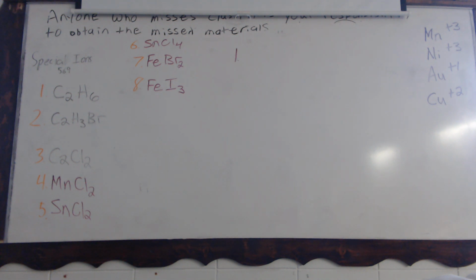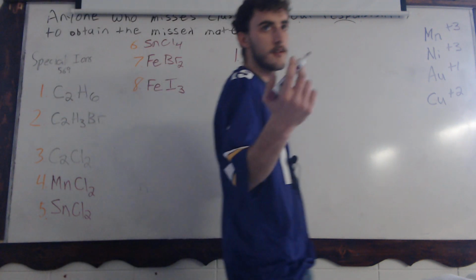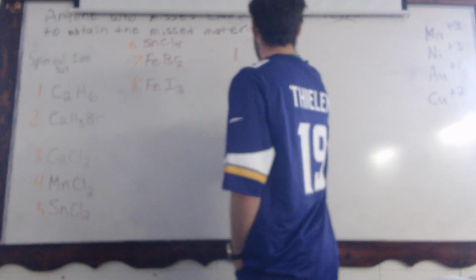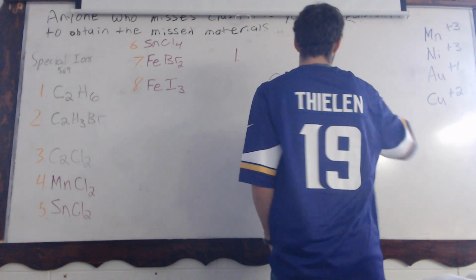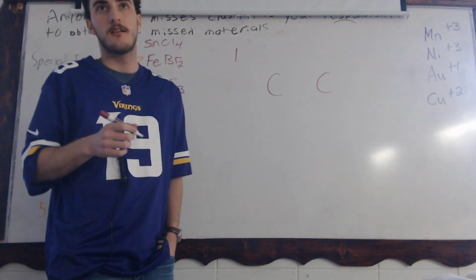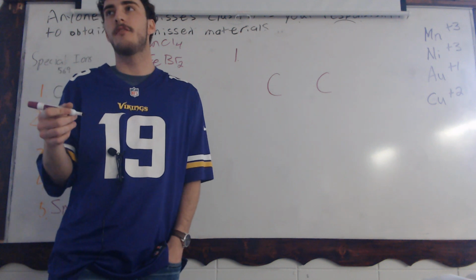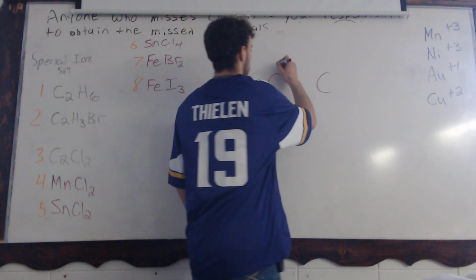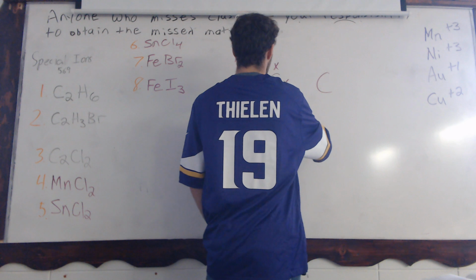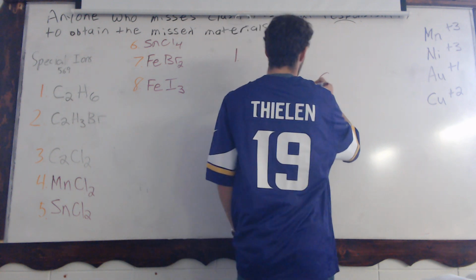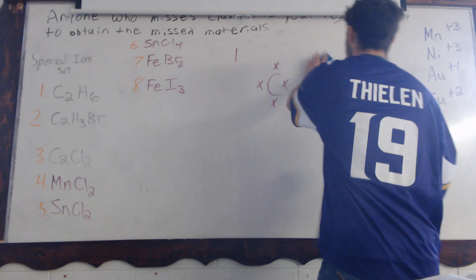Okay, let's do this. What should I start with? I think 2 carbons, you say. How many electrons does a carbon have? 4. I'm going to put these together.